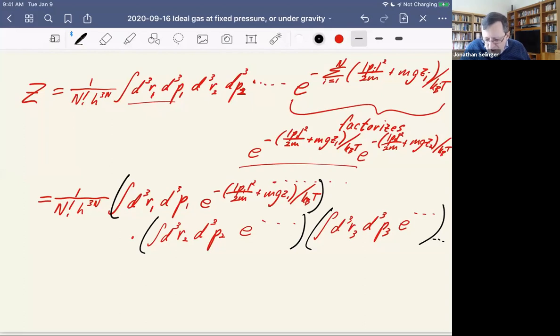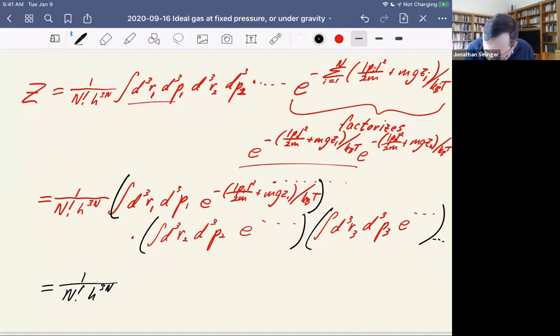Now we can look at the integrals and say, oh, they're all exactly the same as each other. So this then just gives us a power. We have 1 over n factorial h to the 3n.